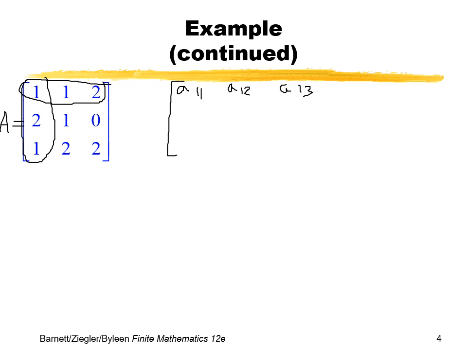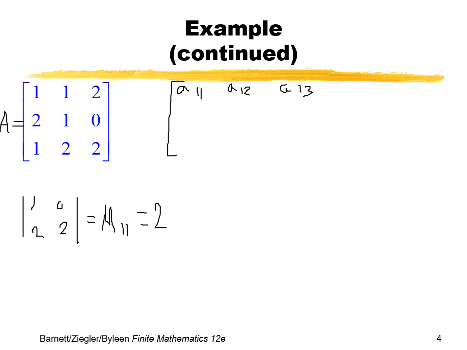What is left is the determinant 1, 0, 2, 2, which is called the minor of the element 1,1, or M11, which equals the main diagonal 1 by 2, which is 2, minus 0, so M11 equals 2.